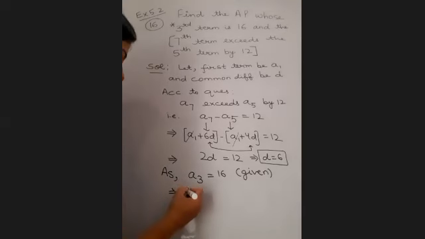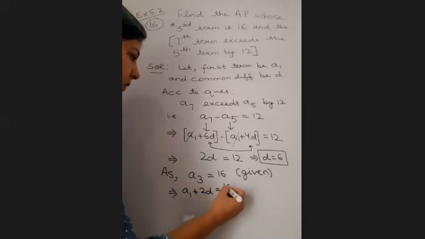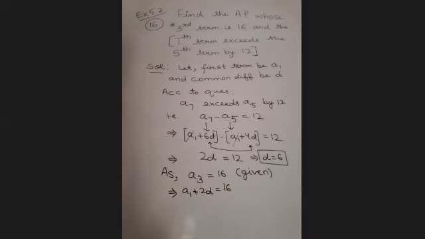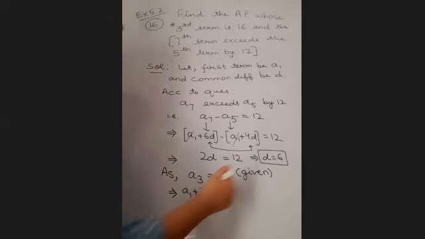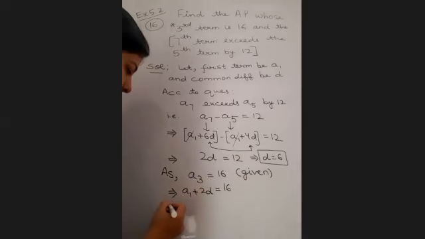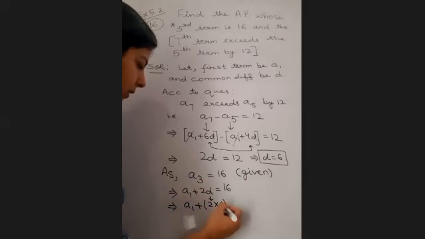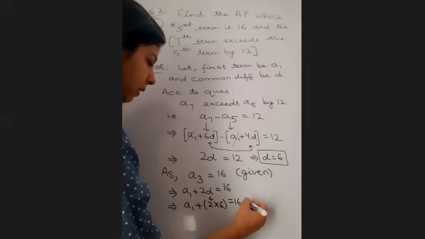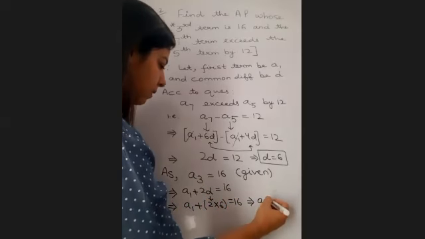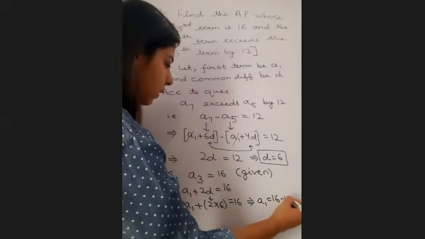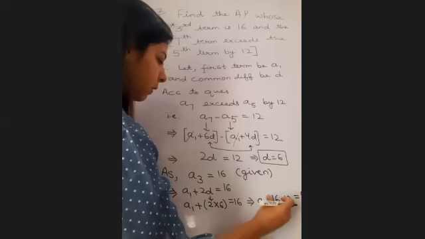A1 plus 2D is equal to 16. Right, beta? Putting the value of D as 6, A1 plus 2 into 6 is equal to 16. And this gives me A1 is equal to 16 minus 12, is equal to 4.